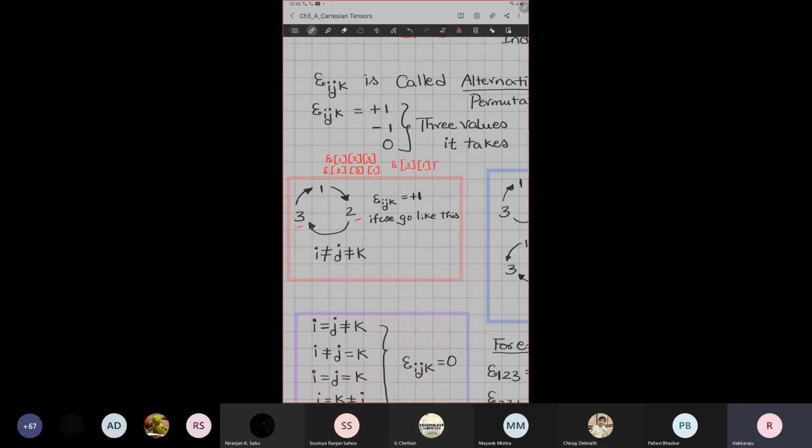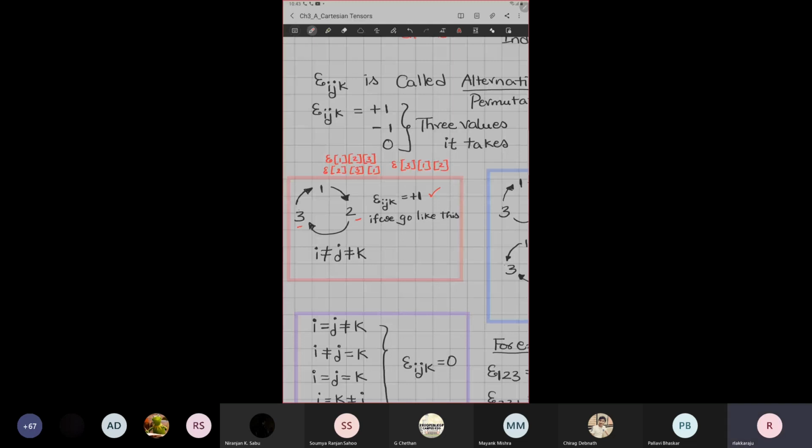Whenever I see such a thing, I'm going to replace that value by +1. So if I see any indices in a cyclic way, 1, 2, 3, 2, 3, 1, 3, 1, 2, and so on, epsilon ijk value is +1.